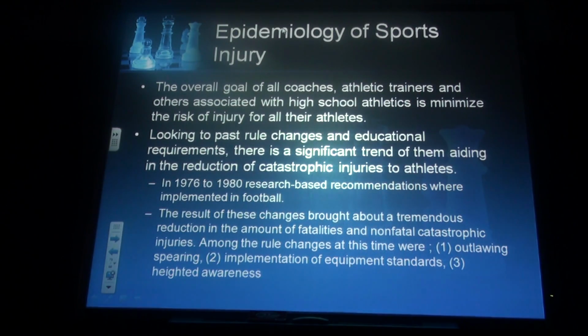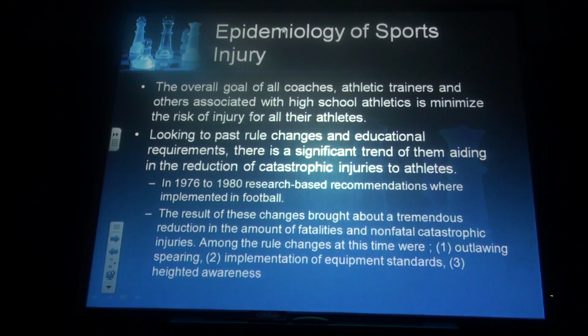The overall goal of all coaches, athletic trainers, and others associated with high school athletics is to minimize the risk of injury for all their athletes. Nobody wants to hurt their athletes. Number one, because they don't want the athletes hurt. But number two, you can't win when all your people are hurt. Looking at rule changes and educational requirements, there is a significant trend of them aiding in the reduction of catastrophic injuries to athletes.